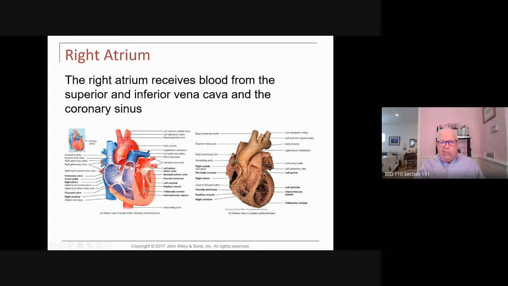These are all three big veins. The superior vena cava has deoxygenated blood from the head, neck, and upper thorax. The inferior vena cava has deoxygenated blood from the lower body, the legs, and abdomen.